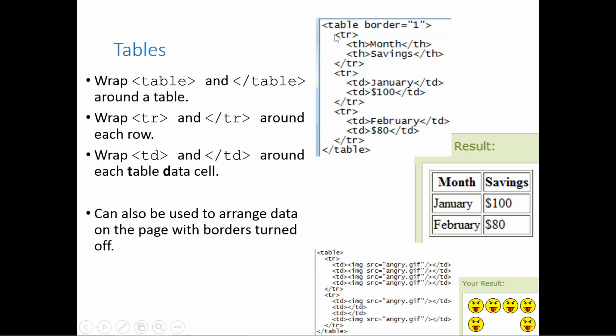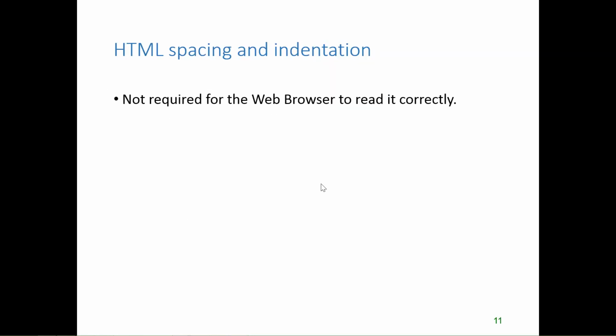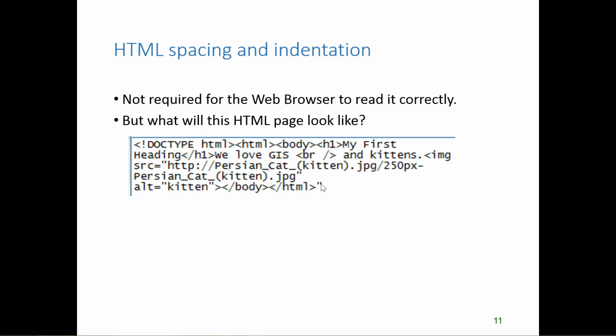Notice these are indented, and then these are all indented to the same level. Looks tidy. But this is not required for the web browser to read it correctly. Your HTML could look like this, for example. But can you guess what this page looks like?